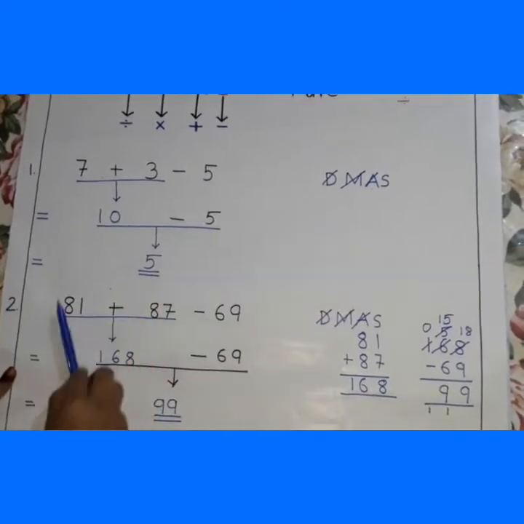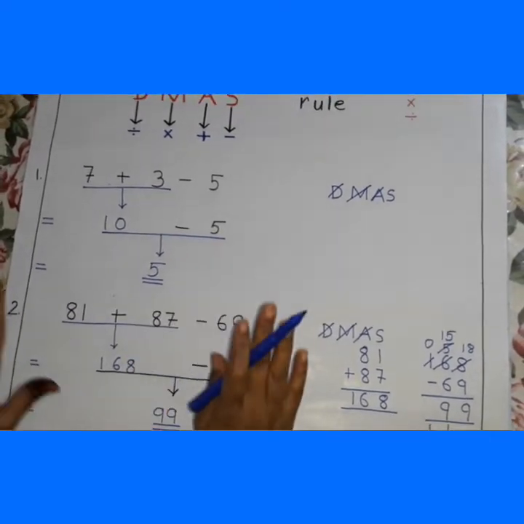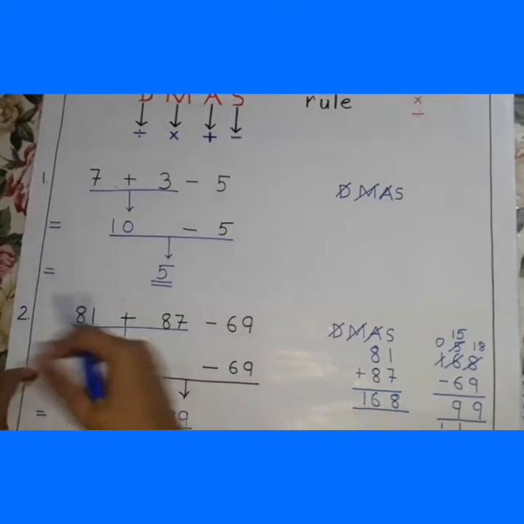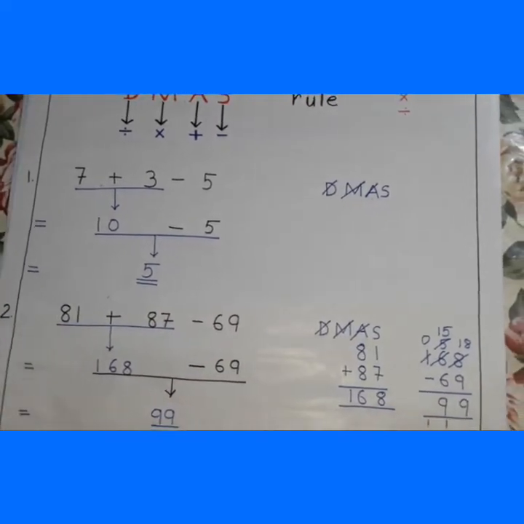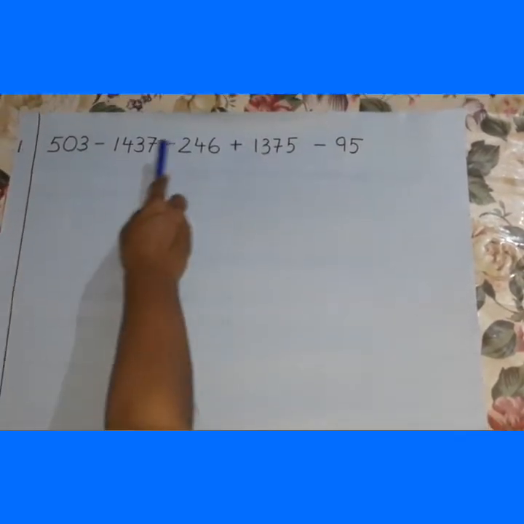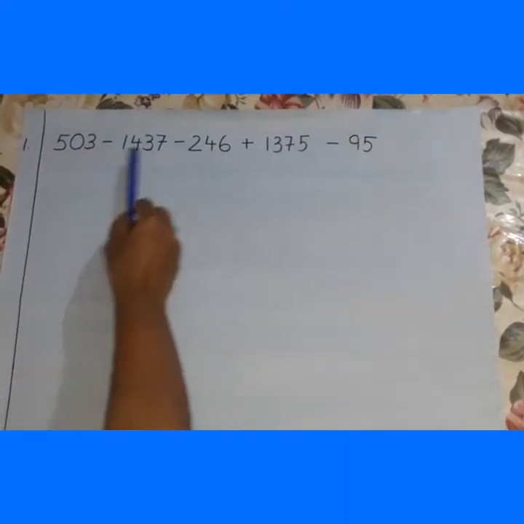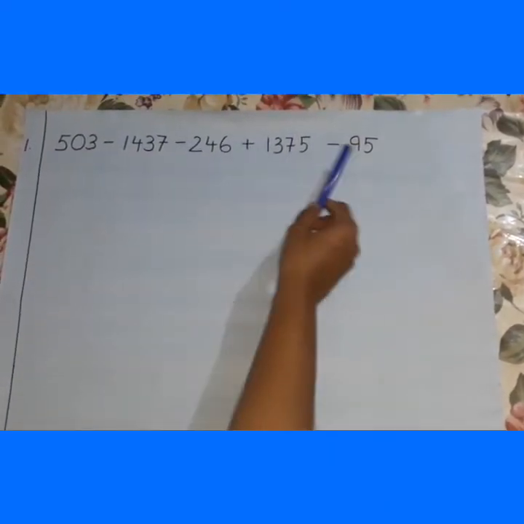Am I right? But today, the question that we are going to do has more than 3 numbers in it. Just see. We have 1, 2, 3, 4 and 5 numbers here separated by the various operations.